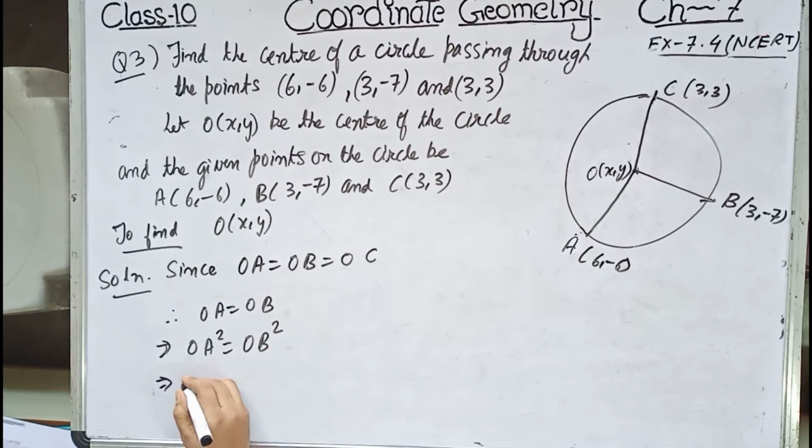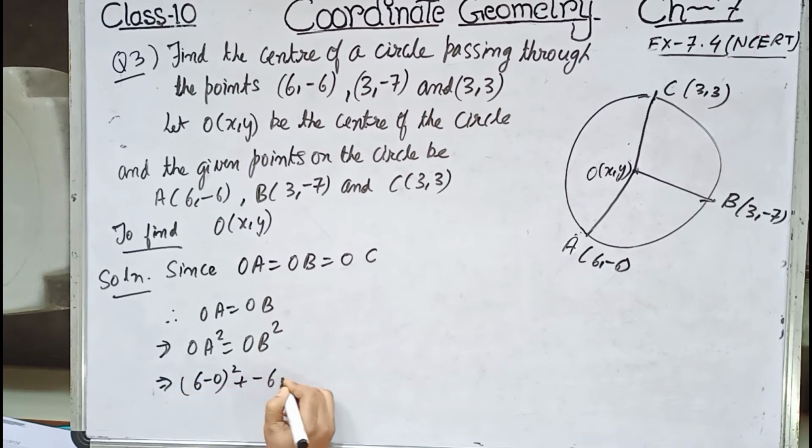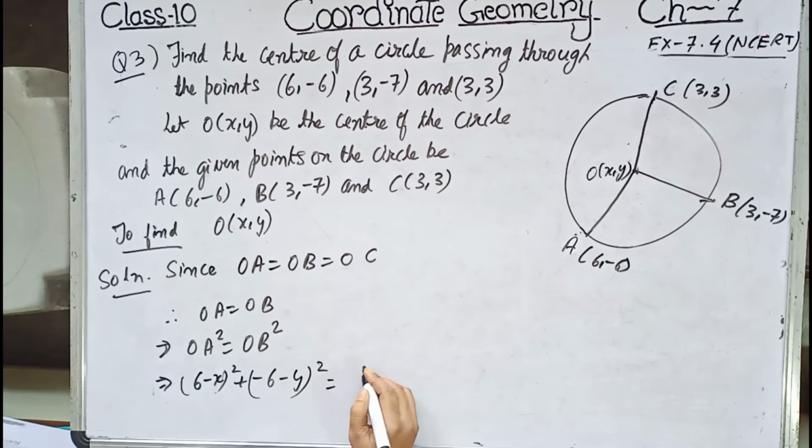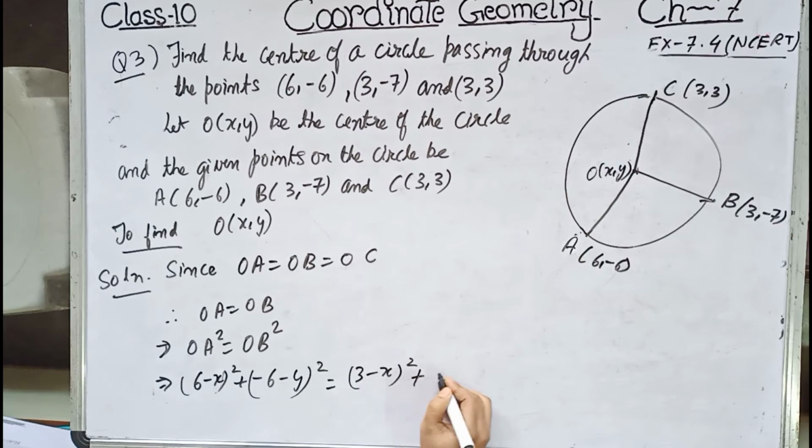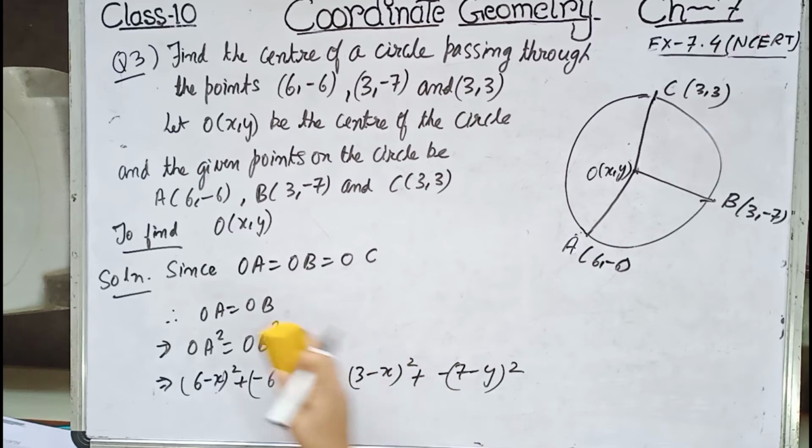This implies (6 minus 0) square plus (minus 6 minus x) square... minus (6 minus y) square equals OB, that is (3 minus x) square plus (minus 7 minus y) square. Now this we will have to solve.